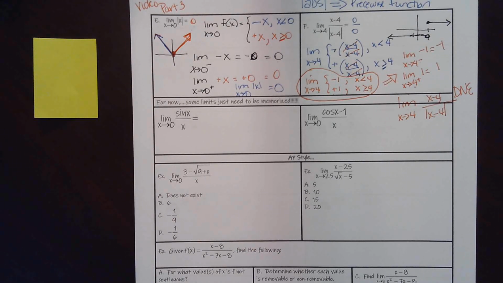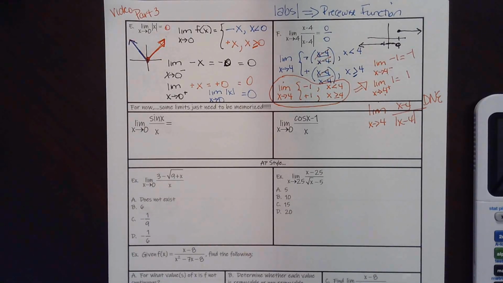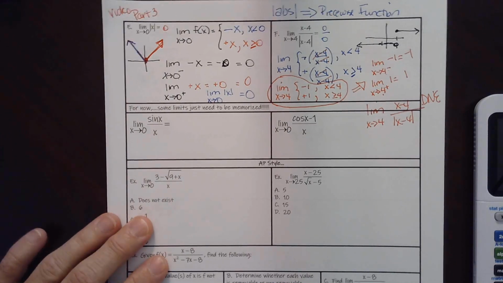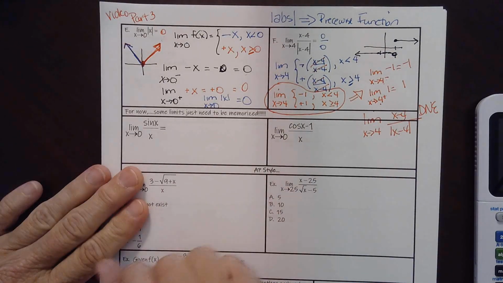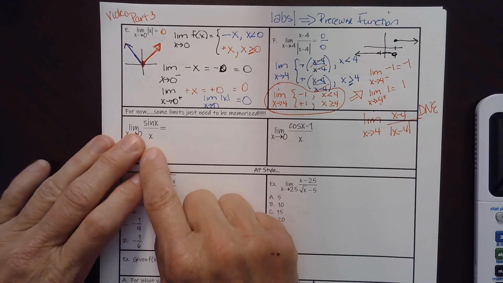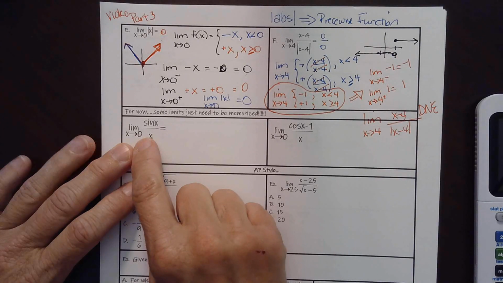For right now, I want us to take our calculator and look at a couple of graphs and identify the limit. And in doing so, there's just a couple right now that we need to memorize, okay? So, the limit of sine of x over x as x approaches 0.